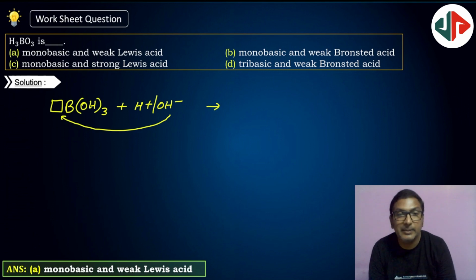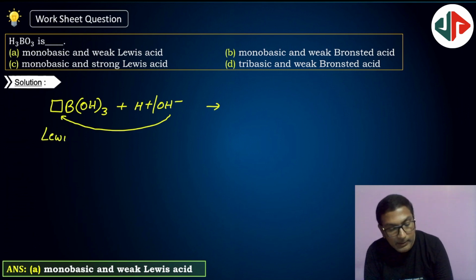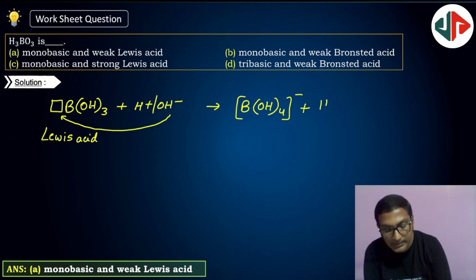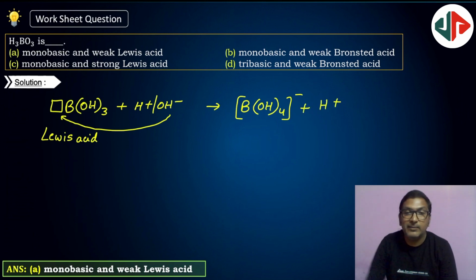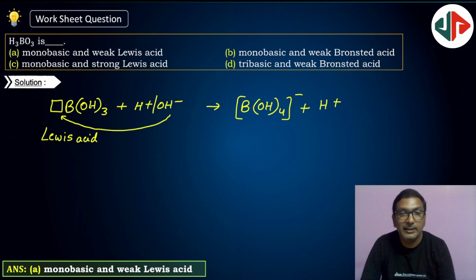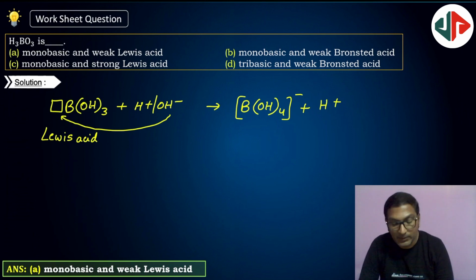Since it is accepting OH-, it acts as a Lewis acid, and it gives [B(OH)4]- plus H+. Due to release of H+ ion from water, it acts as a weak acid, a weak Lewis acid. Since one molecule of orthoboric acid is producing one H+ ion, it is monobasic.